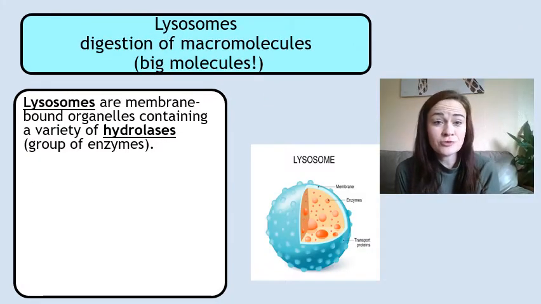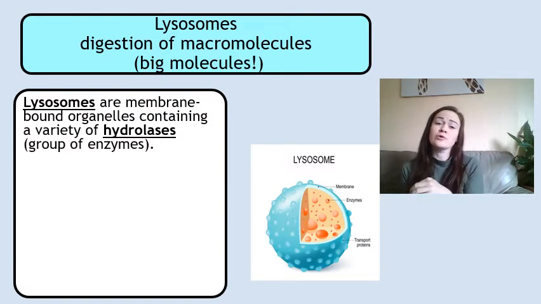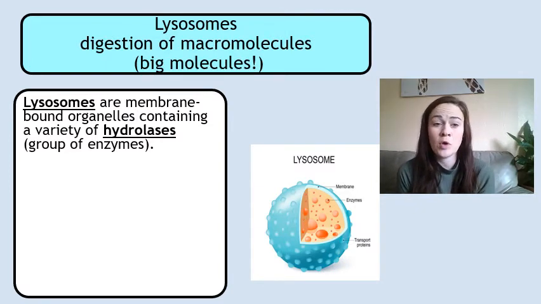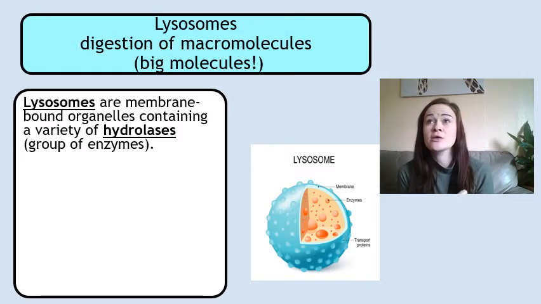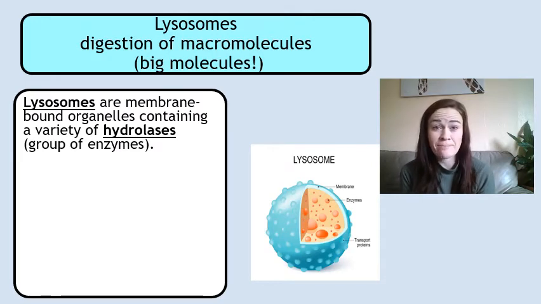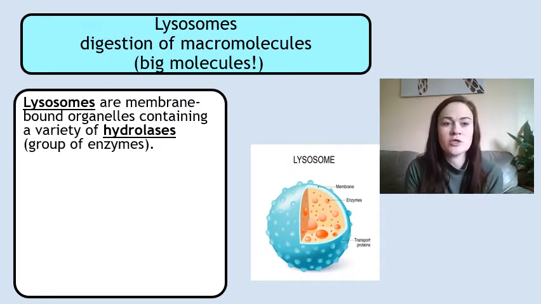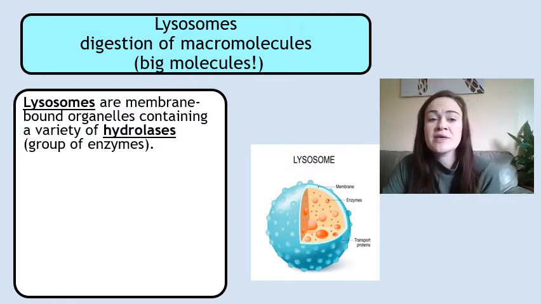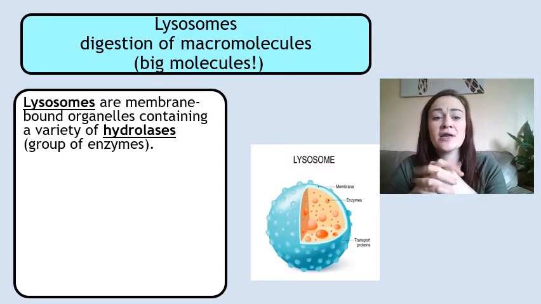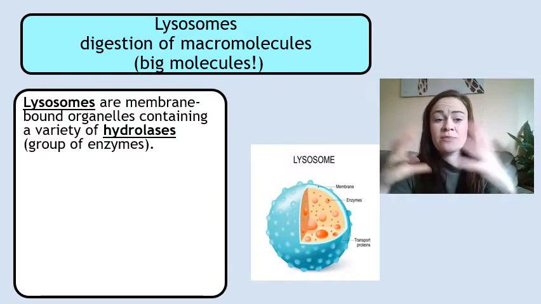Now, the lysosome is a structure whose primary role is to digest big molecules. These big molecules could be cell waste, maybe like dead bits of cell. It could be things that are meant to be there, like pathogens or microorganisms, or any sort of waste products. The lysosome is a membrane-bound organelle containing hydrolases, and a hydrolase is a type of enzyme.